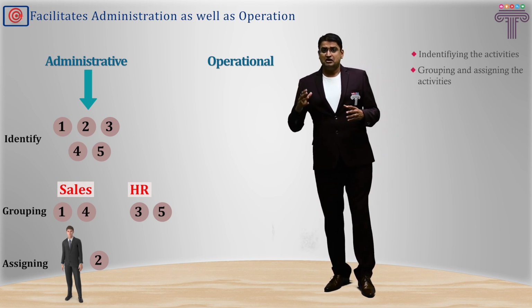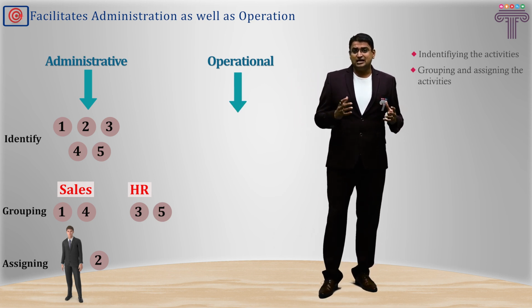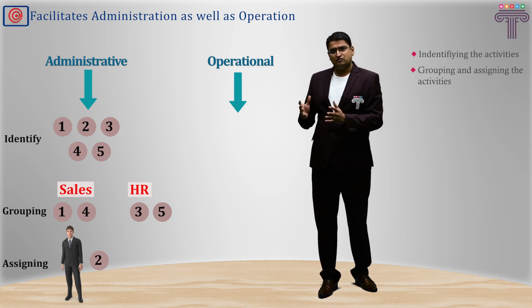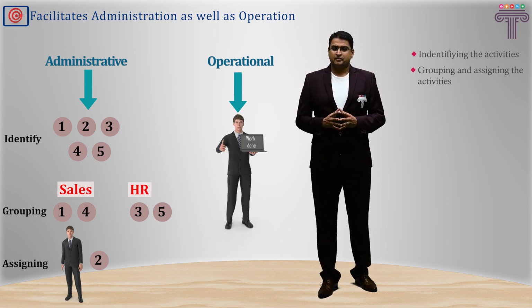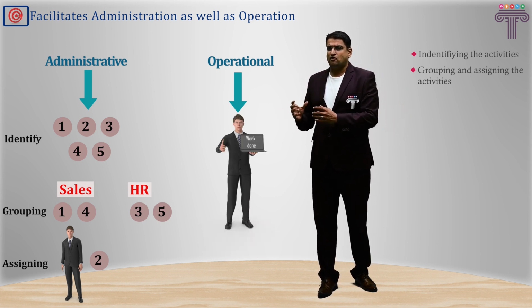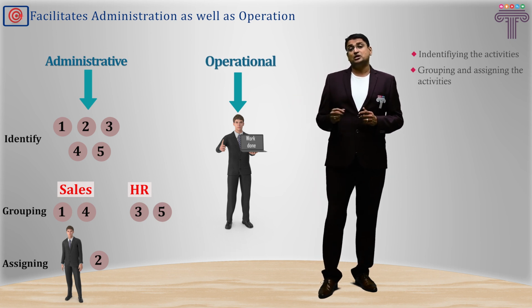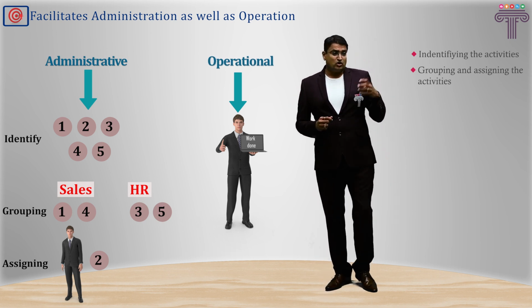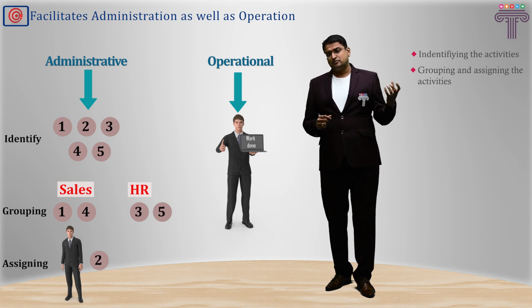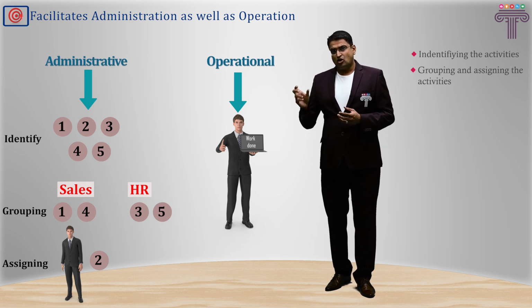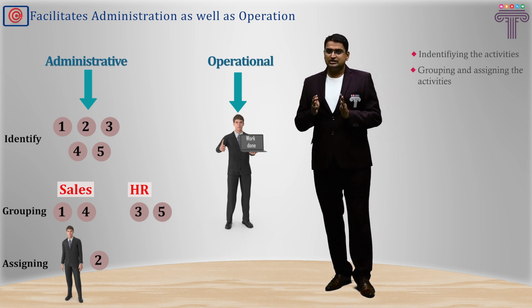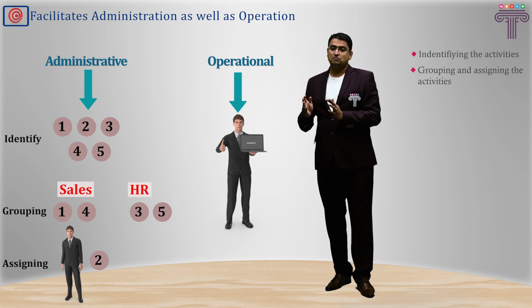On the contrary, operational activities are basically what? Execution of the assigned activities. So actual work performed on a ground level is basically operational activities. So whatever work has been assigned from the administrative department, the operational department ensures that that work is fulfilled or completed.